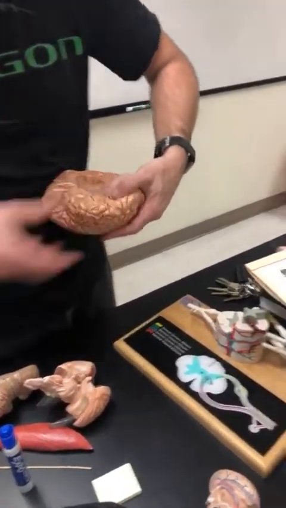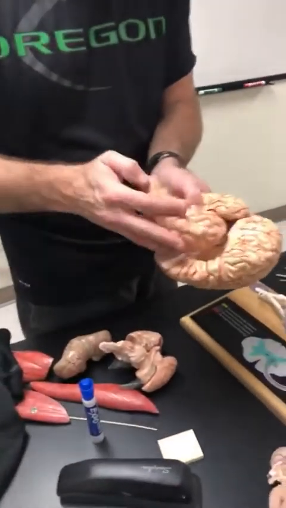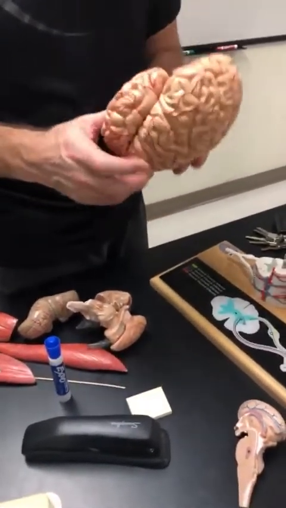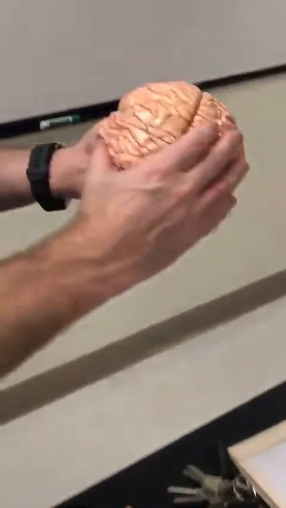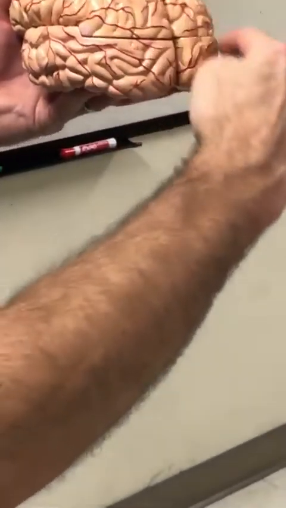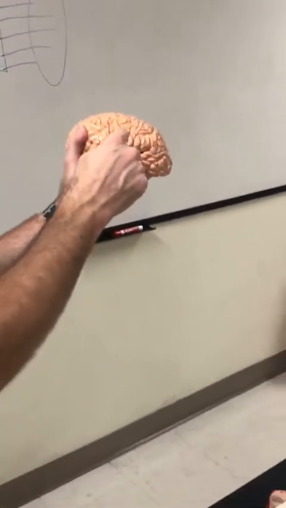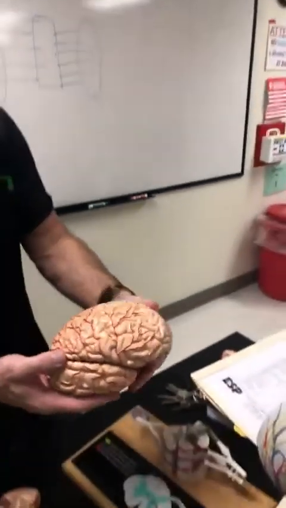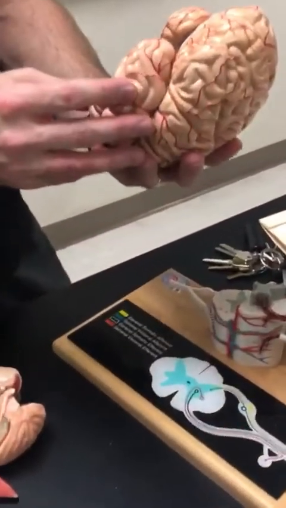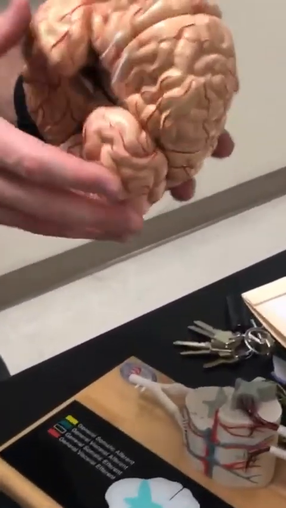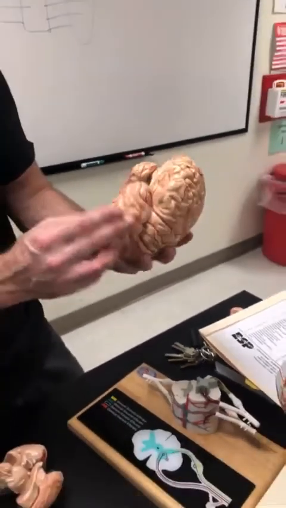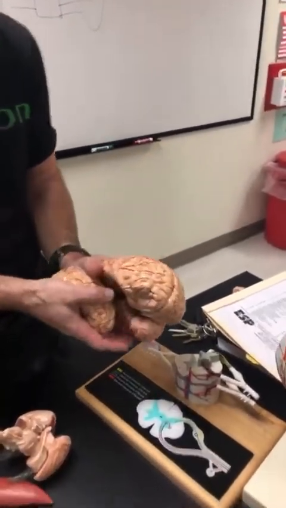Oh, in the back, yeah. So all of this, and then in the middle, temporal. And then between here and here, if we open that up, insula. So lobes, sulci, fissures, gyri.